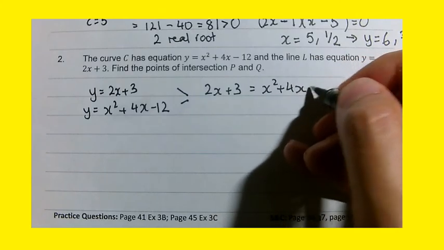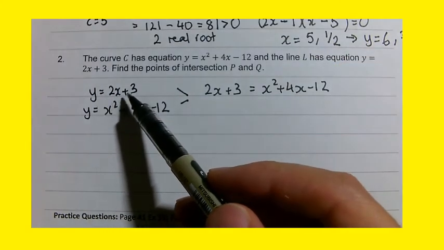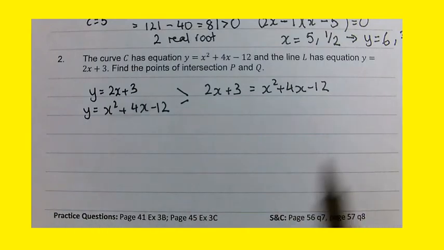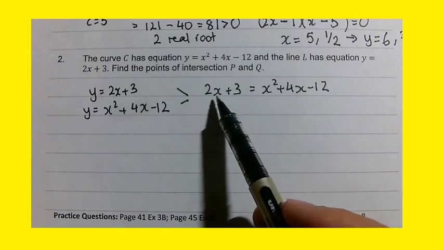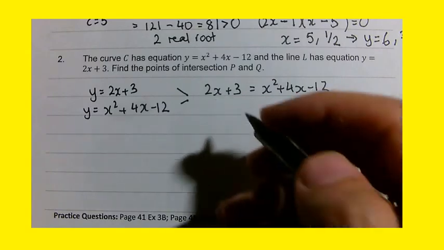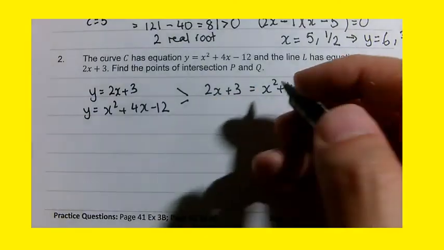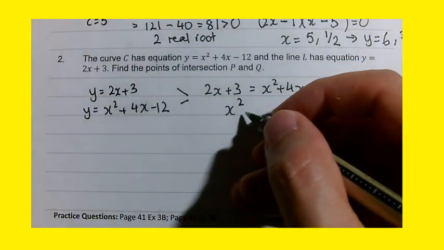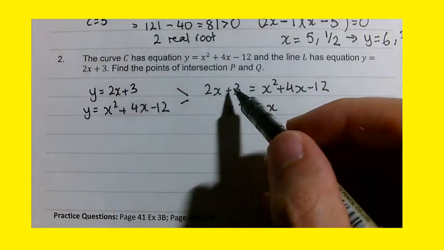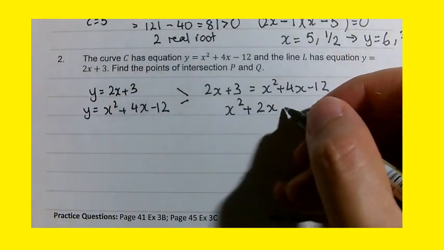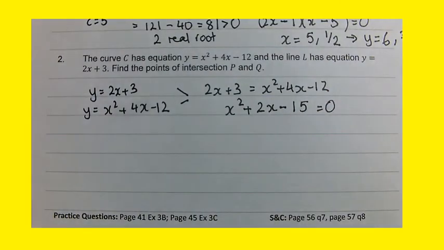Or another way of speaking, if that is equal to y, 2x plus 3, I can substitute that in for there. Now once I've done that, I can make a quadratic in x by making one side equal to 0. So I'm going to take all of this onto the right hand side. So I get x squared plus 2x, 4x minus 2x, and the 3 goes over, subtracts from the minus 12 to give me that. Okay.